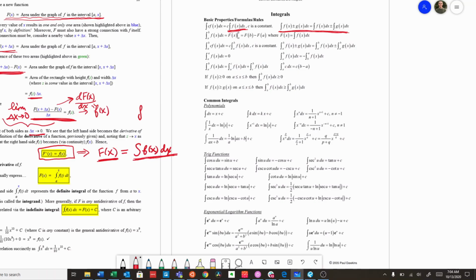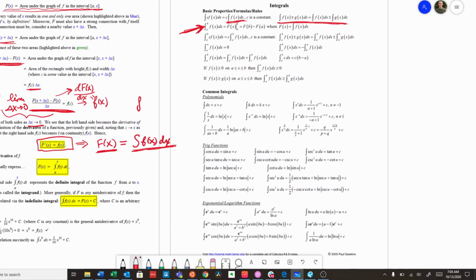And then here is an important property right here. So this shows that there are actually two different kinds of integrals. There are indefinite integrals, which would be this version here, and there are definite integrals, which is this version here. And an indefinite integral is just generically trying to find something that is the antiderivative.